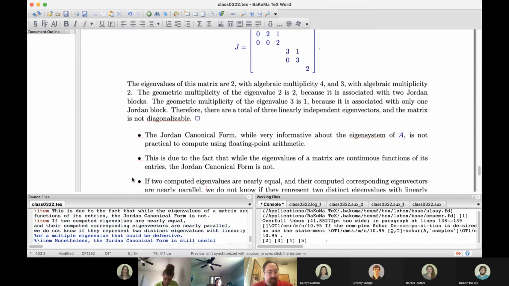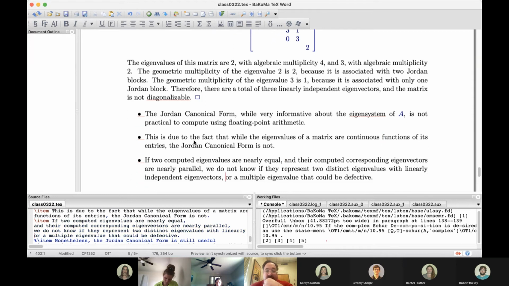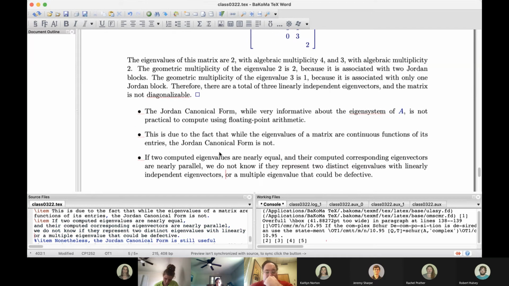Now, why is that? Suppose you have two eigenvalues that you compute numerically and are nearly equal. And what if the eigenvectors that go with them are nearly parallel? Because of round-off error, it's impossible to be certain whether you really do have two distinct eigenvalues that just happen to be very close, or maybe they are a repeated eigenvalue, and then you only have one linearly independent eigenvector.